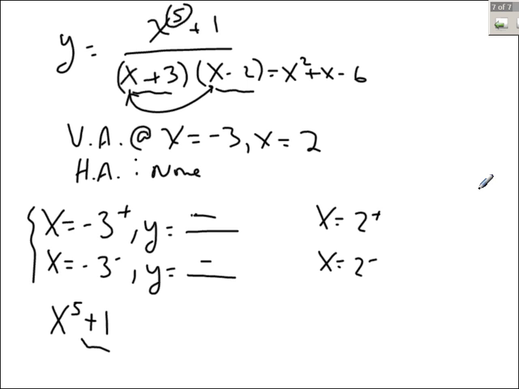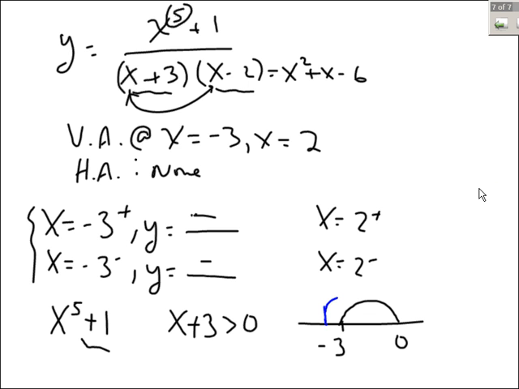Okay, let's go to the bottom one, x plus 3. That one's going to change at 0. Think about it. Here's -3. If you add 3, you get to 0. If you start to the left of -3 and you add 3, you'll be negative.